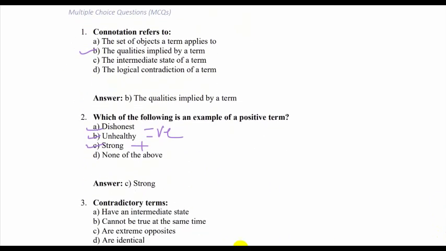What is a contradictory term? Do contradictory terms have an intermediate state? No. So this is contrary. I'll write contrary. Cannot be true at the same time. No. Are extreme opposites contradictory?